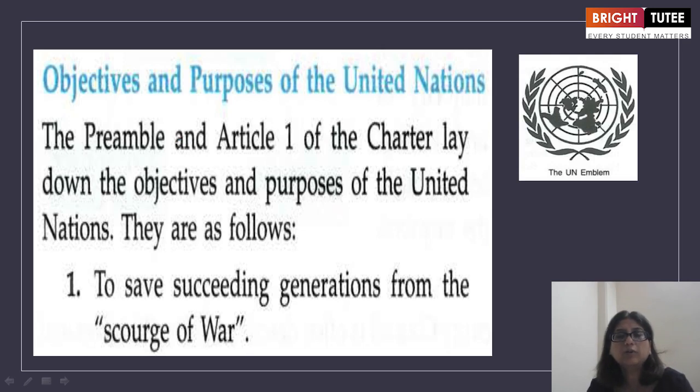Now let's talk about the objectives and purposes of the United Nations. The preamble and Article 1 of the Charter lay down the objectives and purposes of the United Nations.